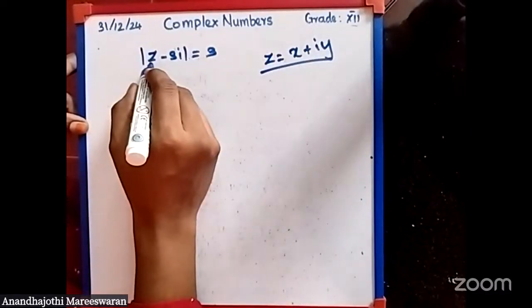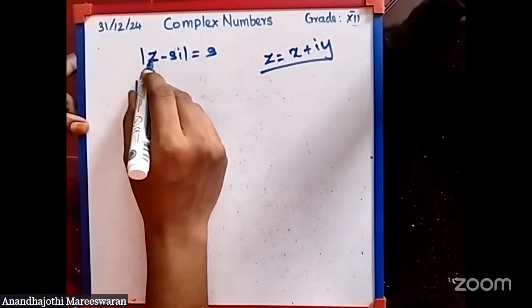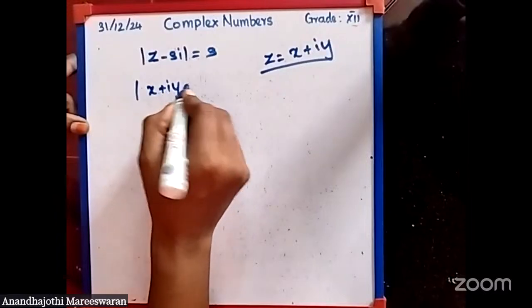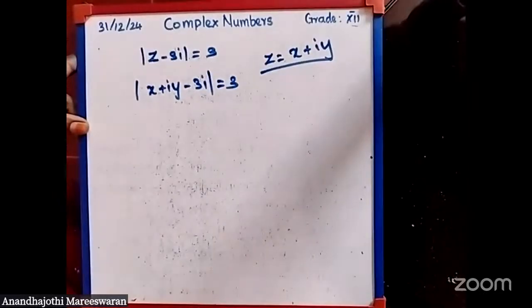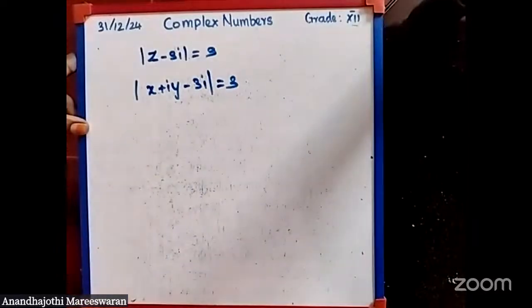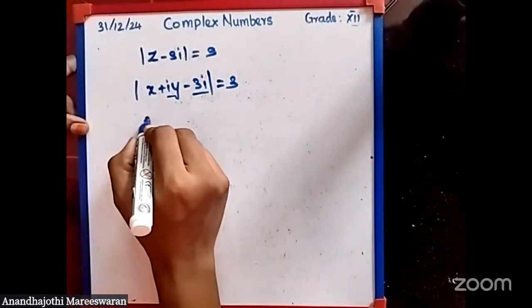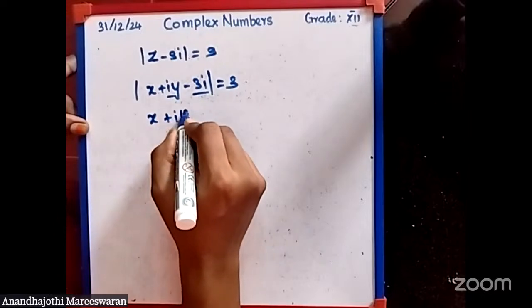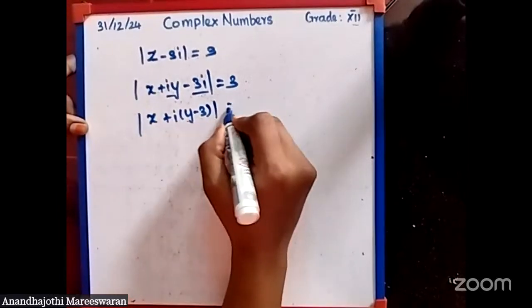Modulus of x plus iy minus 3i equals 3. In both terms, i is common, so I will take it as common: modulus of x plus i times (y minus 3) equals 3.